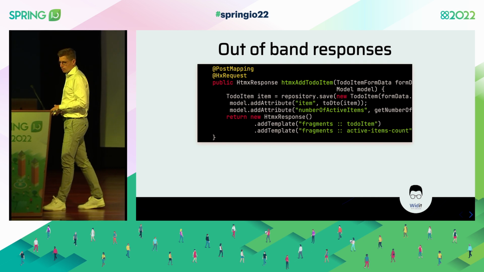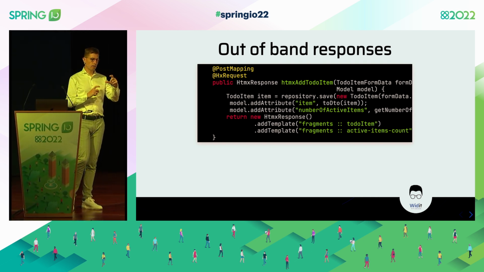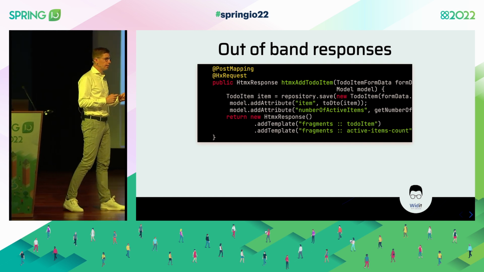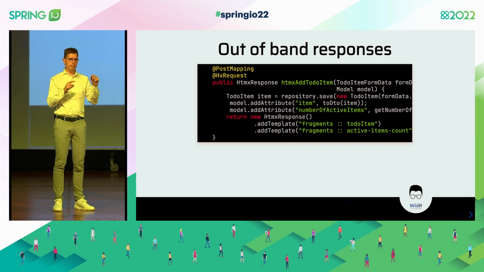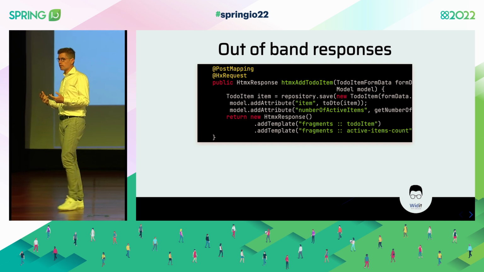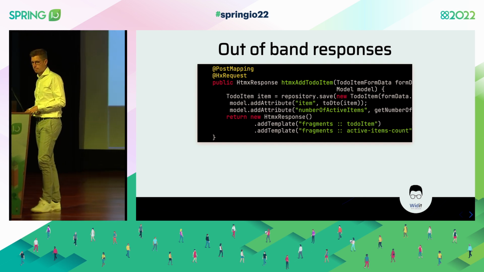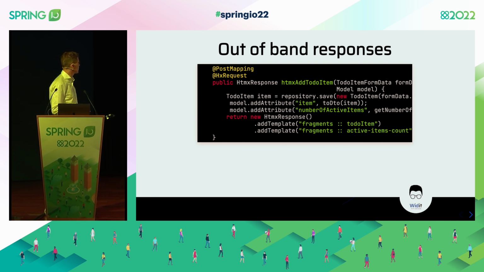What you can do with out-of-band responses is have the main content, and you can tag along other content there, indicating that it's an out-of-band response. Then htmx will match the IDs with what is already on the page and what you're sending back, and you can update both of those things at the same time. This is not possible using standard Thymeleaf, but it is possible with this library.